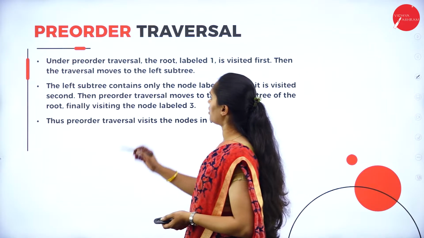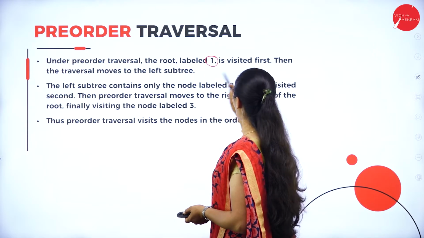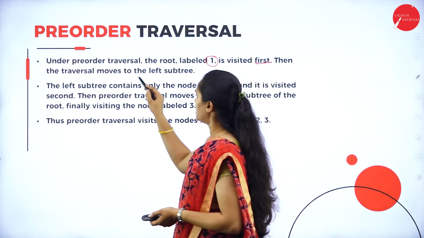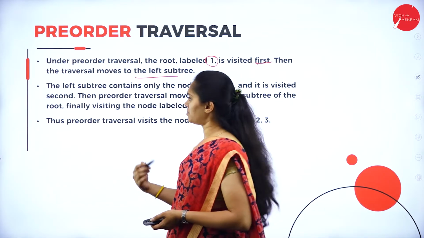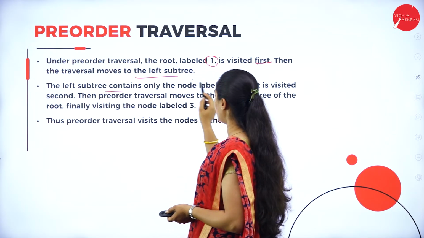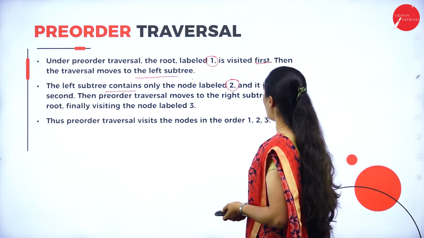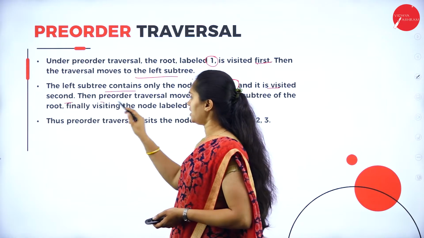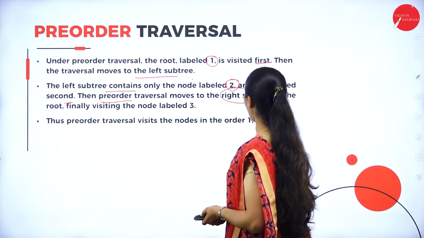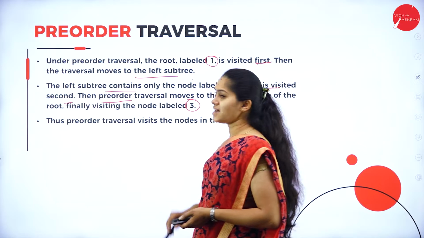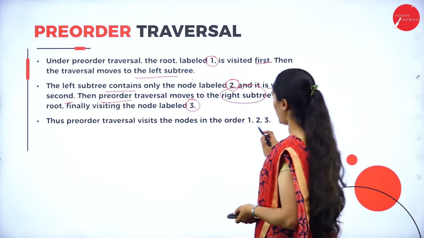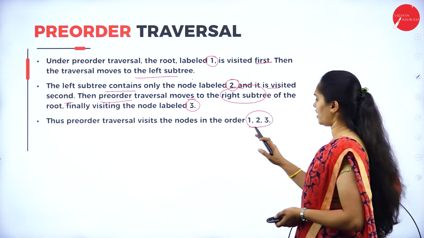In this pre-order traversal, the root is labeled 1, and we visit it first. Then we move to the left subtree. The left subtree contains only one node, labeled 2, and it is visited second. In the pre-order traversal, we move to the right subtree at last, labeled 3. What is the order then? 1, 2, 3, that is 10, 20, 30.